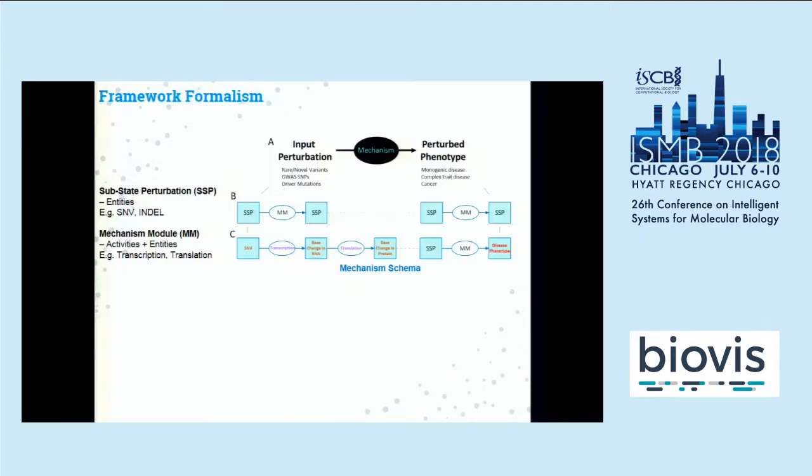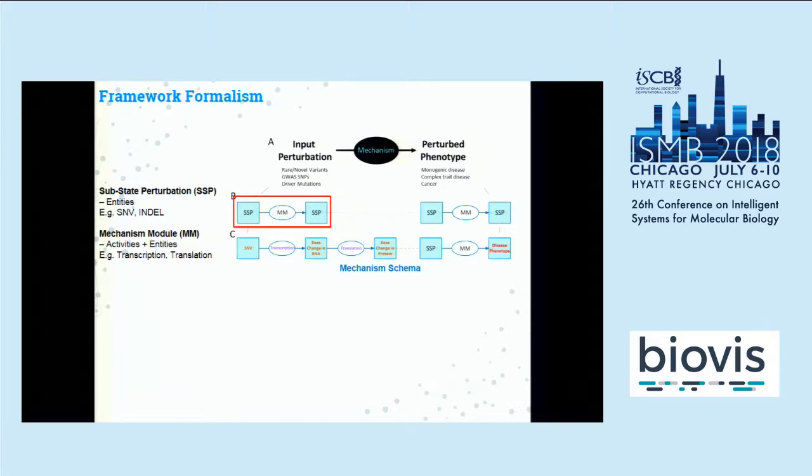So what is this framework all about, and how does it look? This is a mechanism connecting a perturbation to a perturbed phenotype. You can break a mechanism into multiple steps, and these steps are triplets of SSP, MM, SSP, where SSP stands for entity, for instance a single nucleotide variation or an indel.